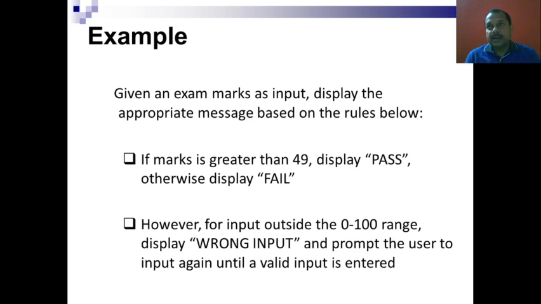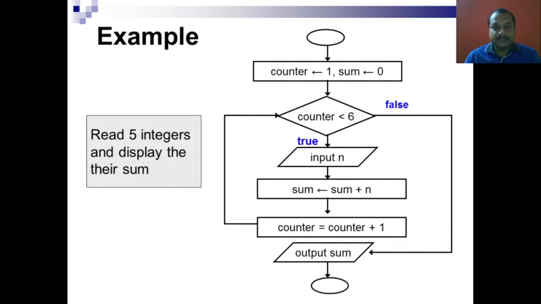Now you see that unlike the previous one, if I go back, in that case I know beforehand that 5 integers will be supplied. That's why my construct was that I know, and the condition was set as counter less than 6.